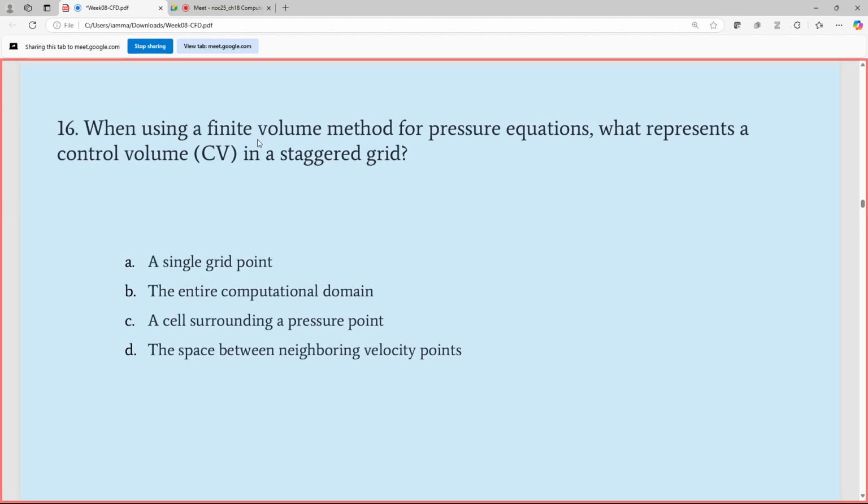When using a finite volume method for pressure equations, what represents a control volume in a staggered grid? So the question is on a representation of control volume in a staggered grid for pressure equation.